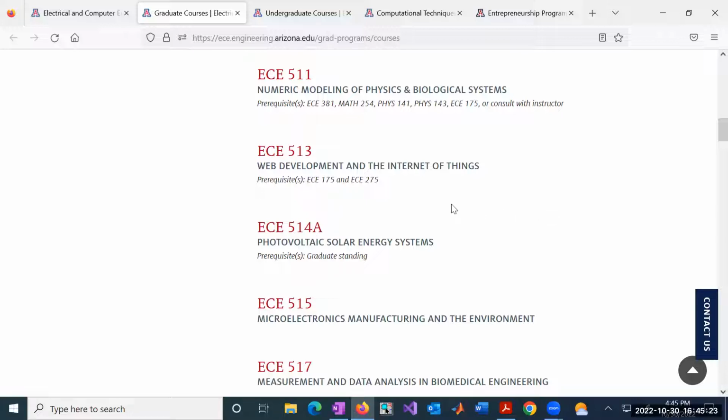If you are in the Accelerated Master's program, you could take 500 level classes that will count towards both your undergraduate degree and your graduate degree. You could potentially take ECE 513 in the 500 version and apply that to both your undergraduate BS degree and your graduate MS degree.